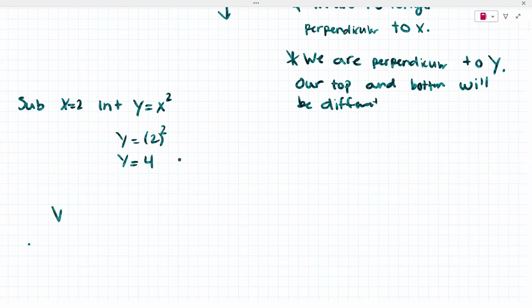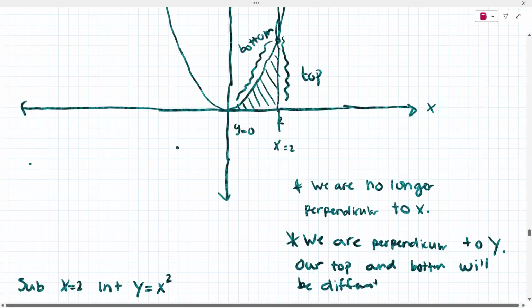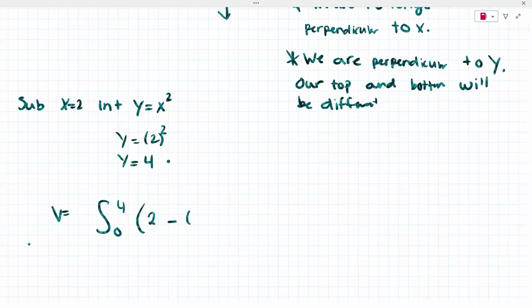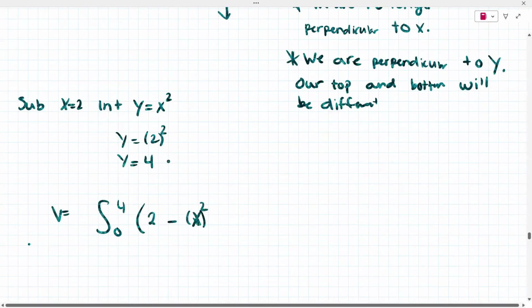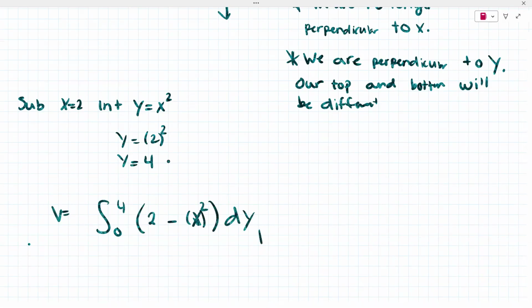So the volume is from 0 to 4, and then it's top minus bottom. Now the top is the vertical line 2. Can we do 2 minus x squared for the bottom? We can't use this because everything has to be in terms of y.